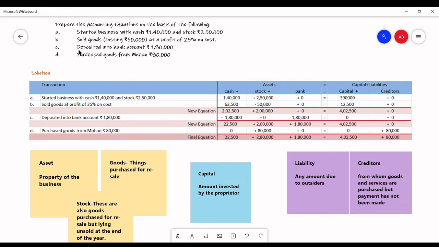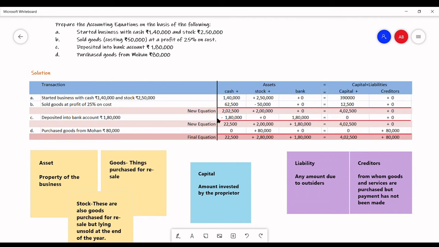Transaction C reads as deposited into bank account rupees 1,80,000. So, from the given transaction, it's evident that I have taken out my cash balance and deposited it into my bank account. So, my cash will be reduced by 1,80,000 and my bank balance increases by 1,80,000. But this does not affect my capital and neither the liabilities.